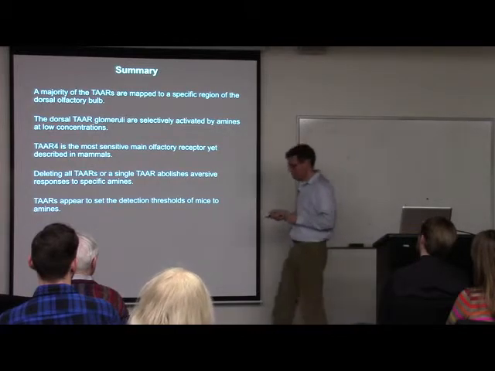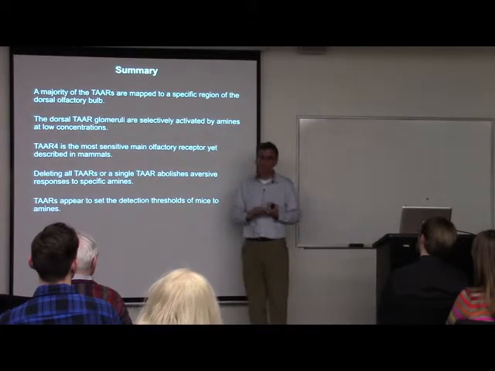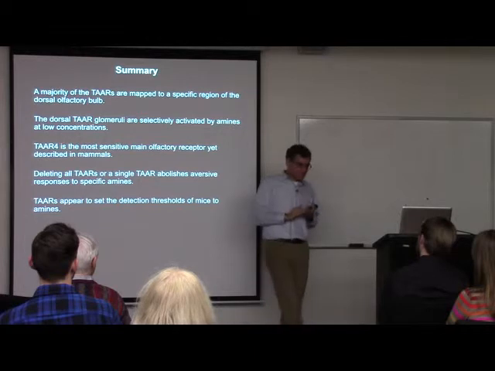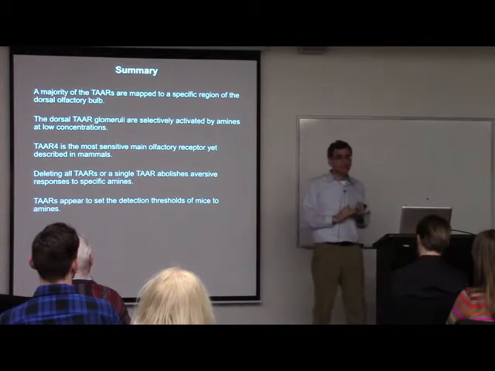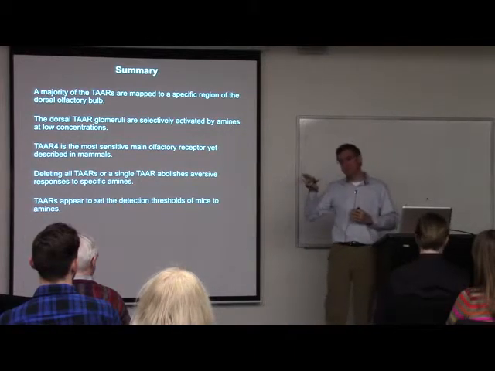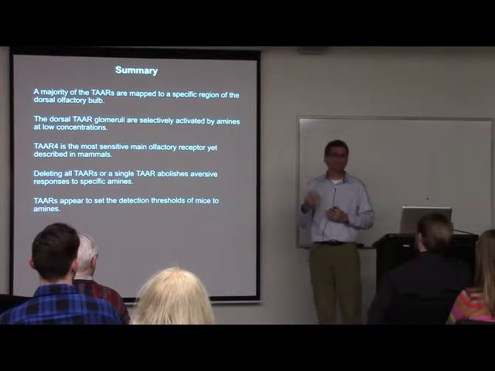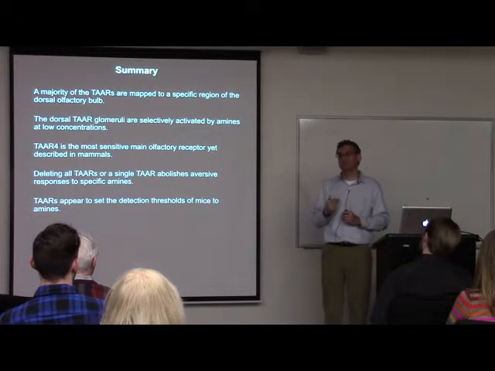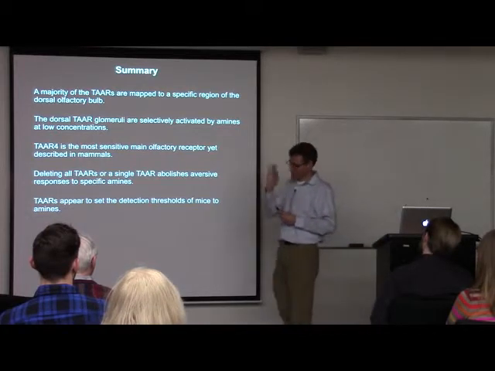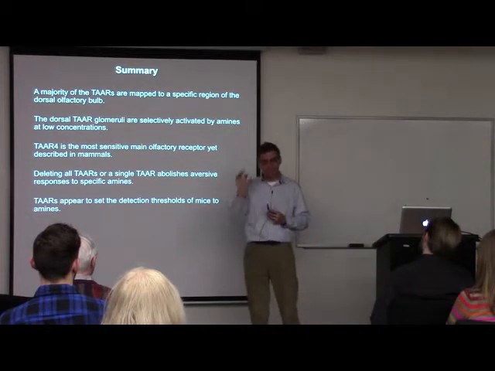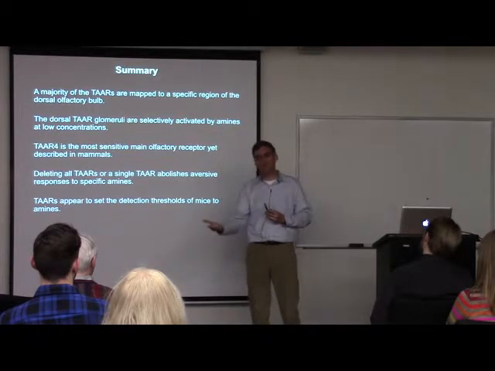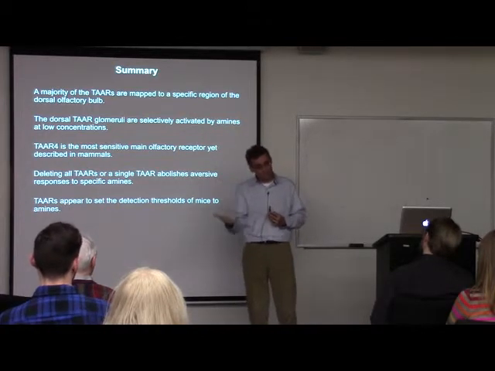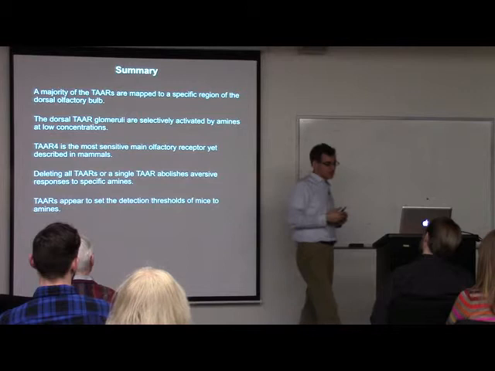But interestingly, we can show that not only TAR4, but the other TARs as well, seem to contribute significantly to determining the behavioral sensitivity of mice to these chemicals. In the field of olfaction, that is a significant advance. It's the first time that we can take main olfactory GPCRs, remove them, and have an effect on, in this case, sensory detection, right? Stimulus detection.